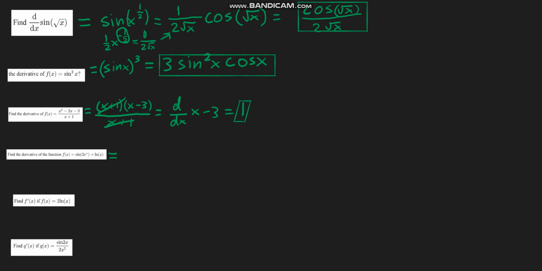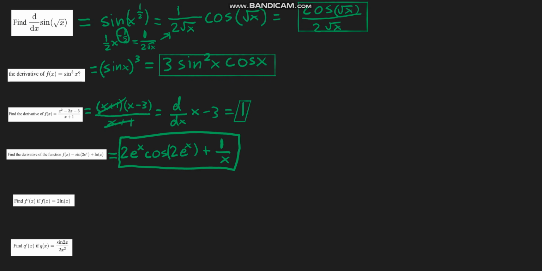So the derivative of sine 2e to the x, the derivative of inside the parentheses of the sine would just be 2e to the x, and the derivative of sine is cosine, and this stays the same. ln of x becomes 1 over x, and that is your final answer.